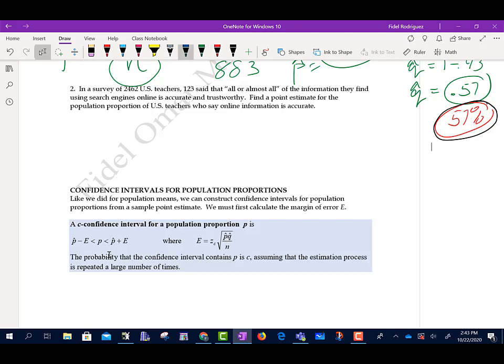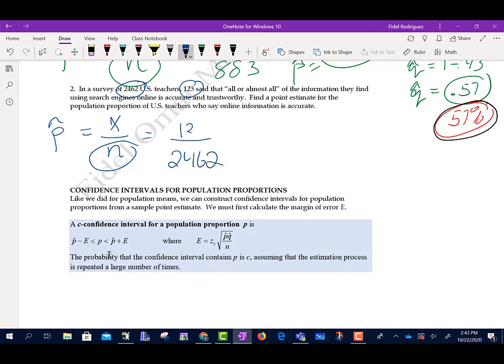We do the same thing as before. We look for our P hat, defined by X over N. Remember, N is my sample size. We surveyed 2,462 teachers, and only 123 said that all or almost all of the information they find using search engines online is accurate and trustworthy.